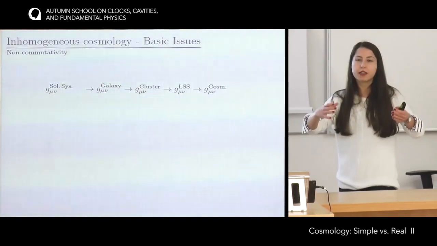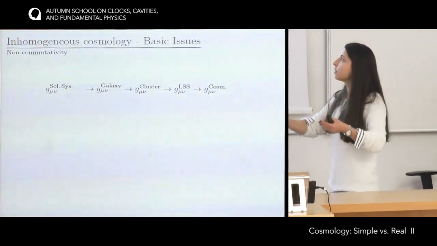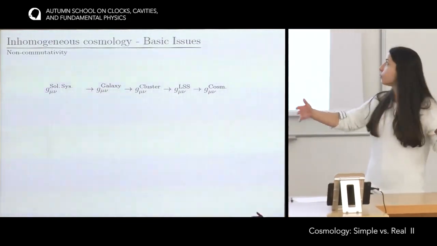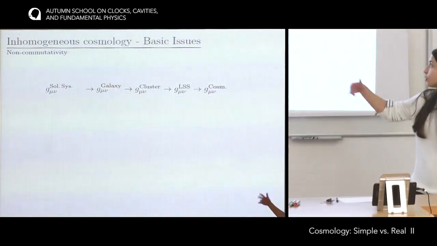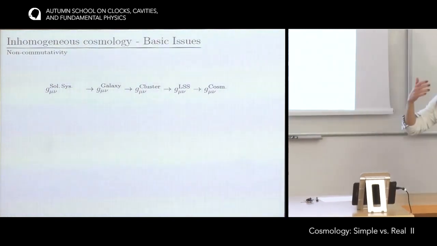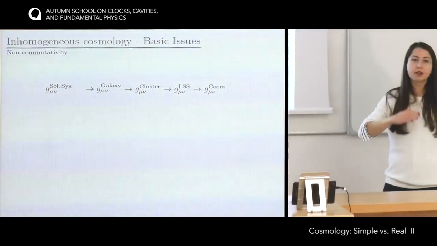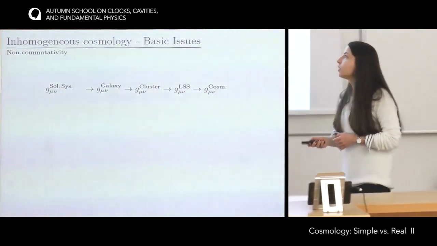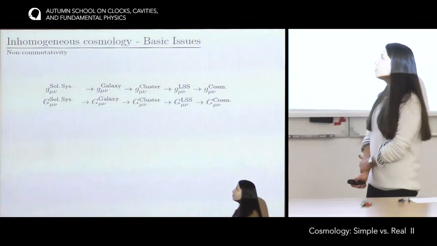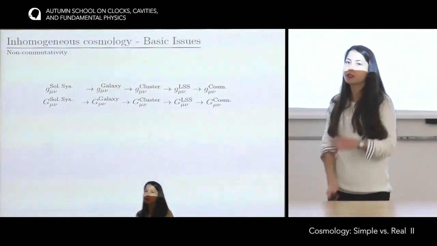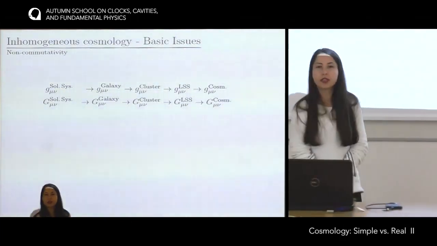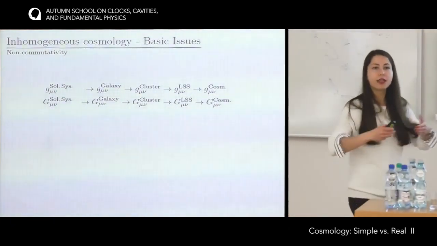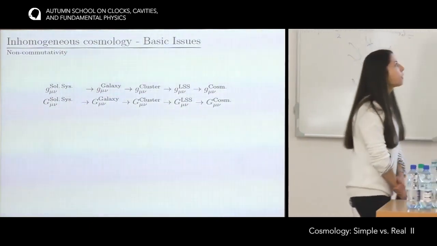You smooth out, and then you go to a galaxy scale, and then you smooth out your metric to define the cluster scale or larger scale structures, and then you reach your cosmological scale by doing some coarse graining of your gravitational field. And of course you can do the same for your Einstein tensor. This is the left-hand side of the Einstein equations that includes the curvature terms. You can do this in every smoothing scale, right?